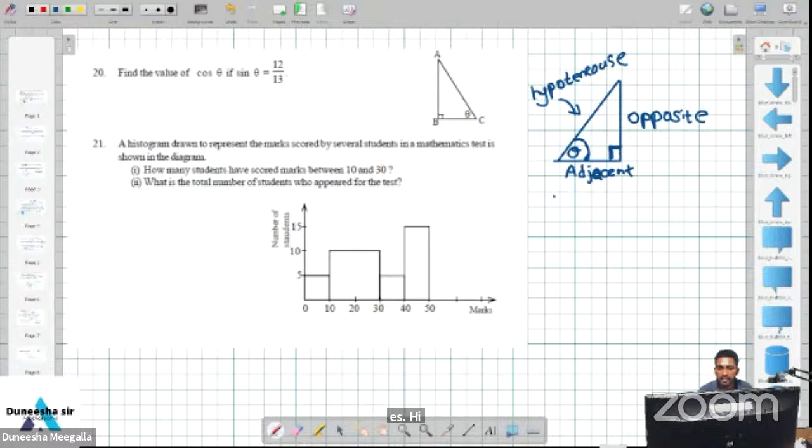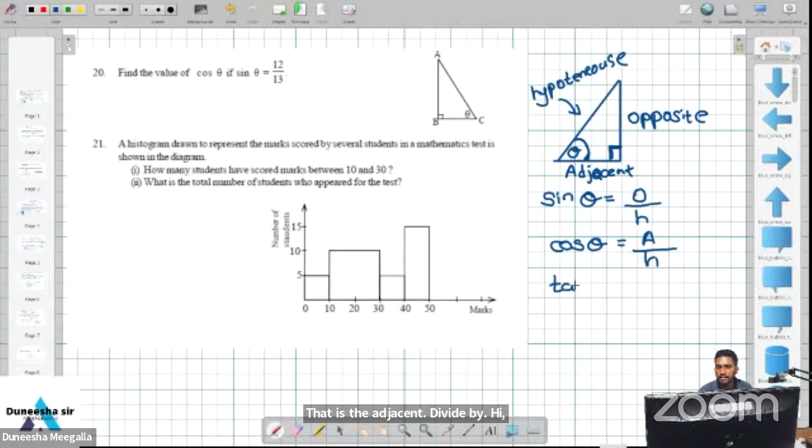Then sin theta is equal to how much? Sin theta is equal to opposite side divided by hypotenuse. Cos theta equals adjacent divided by hypotenuse.